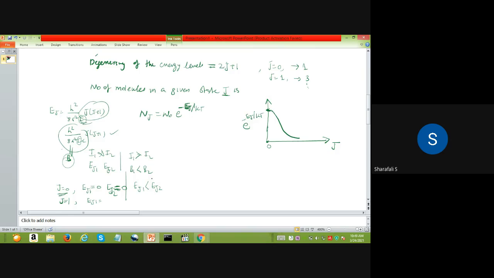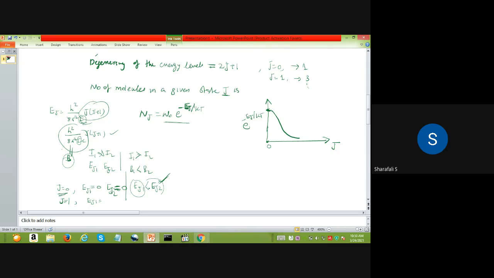And then you substitute these EJ values in your expression N0 into e raised to minus EJ by kT. Then the exponential decay, if you are having a higher value of EJ, so EJ2 is having a higher value, the exponential decay will be higher for that case as compared to this. So we will be having a higher decay rate here because it will come e raised to minus some high value when you are considering EJ2, because EJ2 is larger than EJ1.